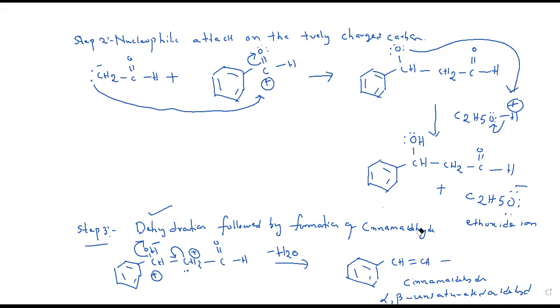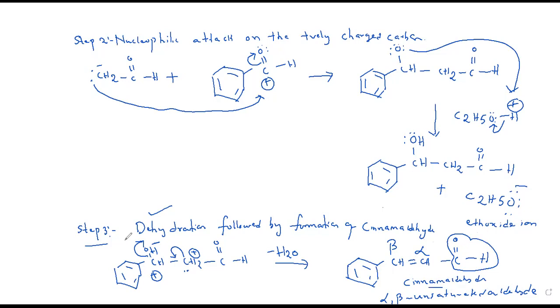So here you'll be getting CH double bond CH and aldehyde. So this is your aldehyde functional group. The carbon atom which is present adjacent to the aldehyde functional group, you can call it alpha. The next carbon will be beta. So it is called alpha comma beta. As there is a double bond, it is an unsaturated aldehyde, which is also called cinnamaldehyde.